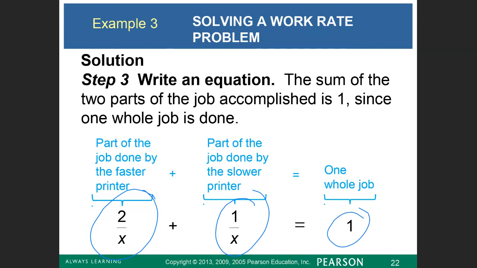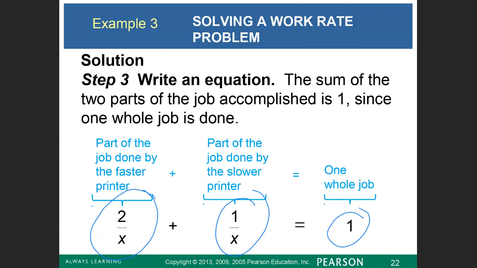Because the first rational expression is the amount of job done by the fast printer, and the second one is the amount of job done by the slower printer, equal to 1. It's always equal to 1. And then from there, you can actually solve for your x.